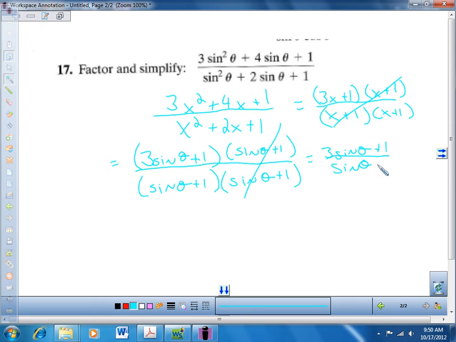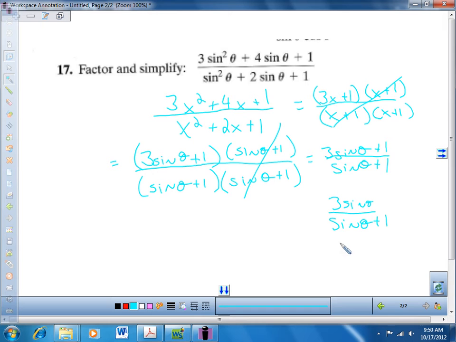And don't do this. People, don't cross out, don't do this. You're not allowed to cancel things out when they're attached by addition, only when they're attached by multiplication. Can you cross out if it's 3 sine theta over sine theta plus 1?